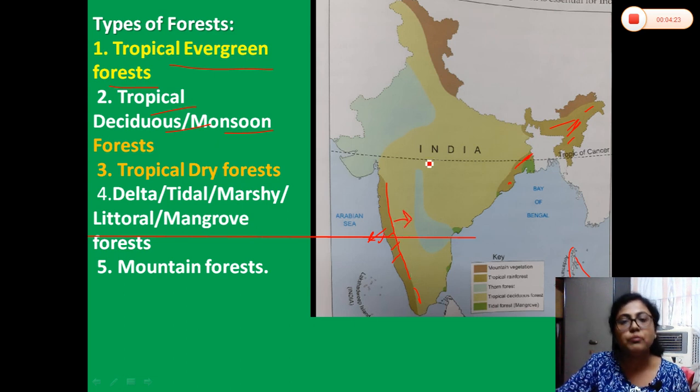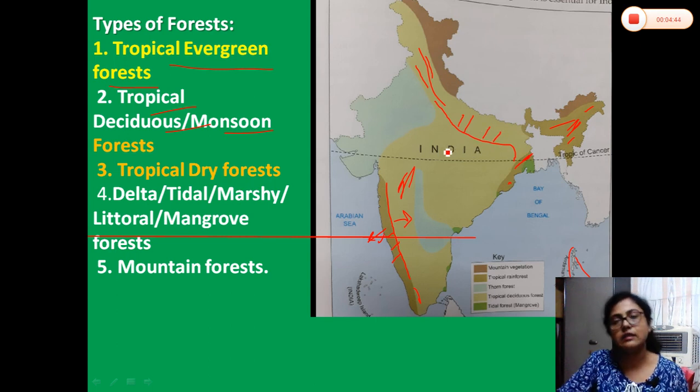Then the northeastern Deccan Plateau, then the northern plains and Himalayan foothills. This part is the foothills of the Himalayas and this part is the northern plain, you all know that. Even in central India, this forest is found.